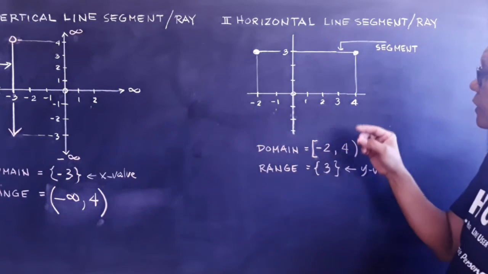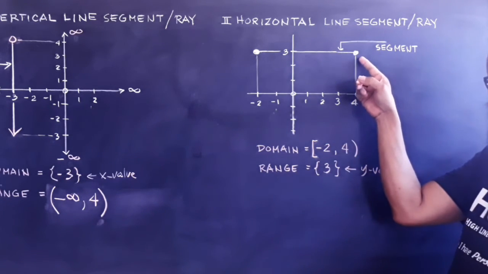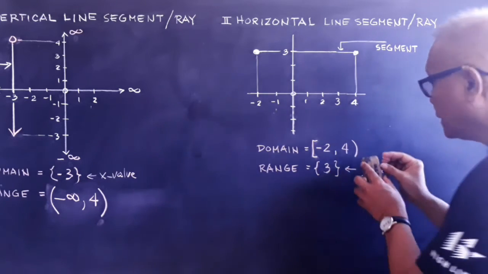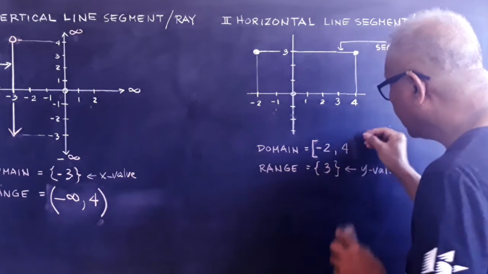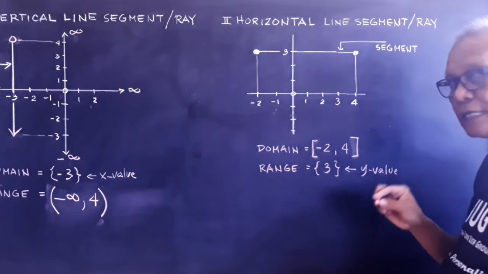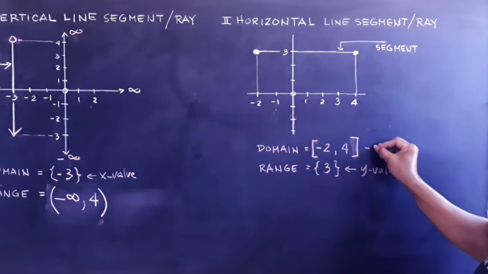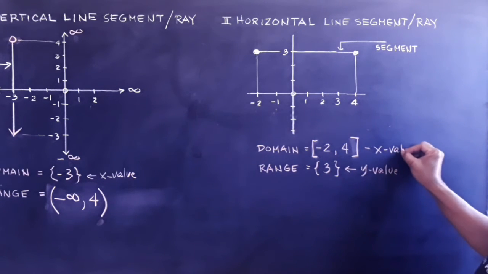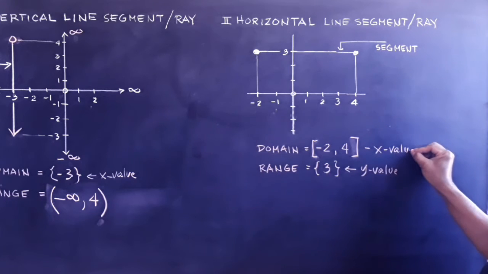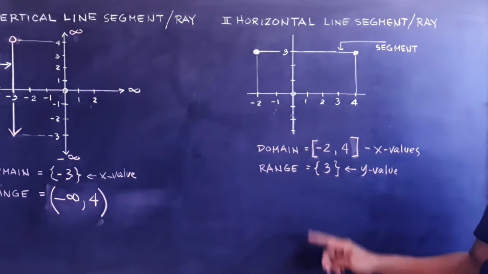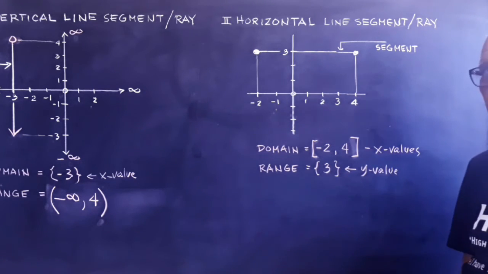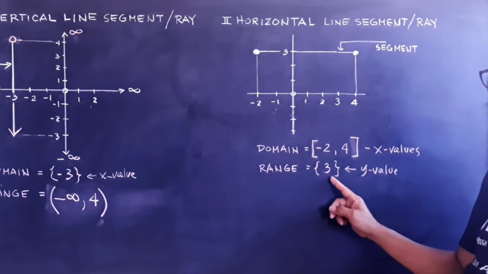What about the 4? The 4 is also shaded, it means it is included. Therefore, this one is also like that. This is our x values in interval notation. What about the range? The range is still 3.